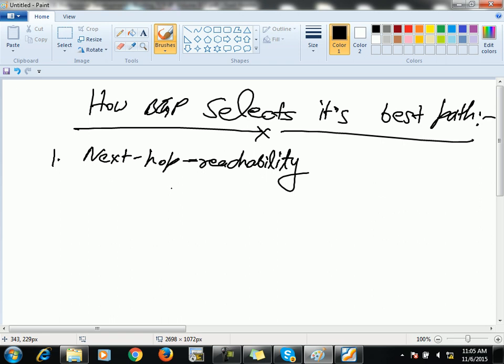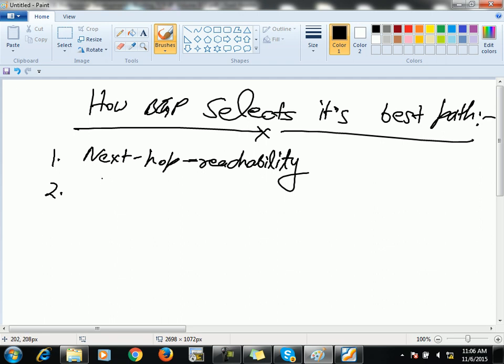If next hop is not reachable, then it will simply not make that path a best path, right?